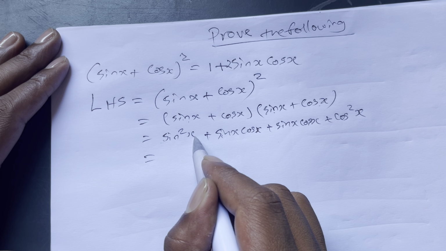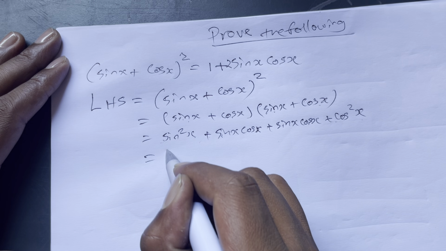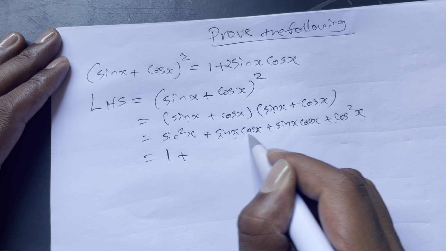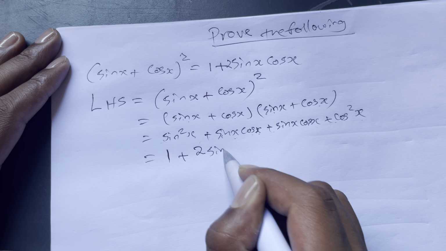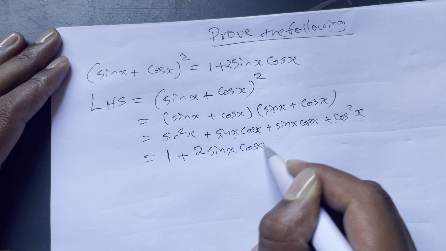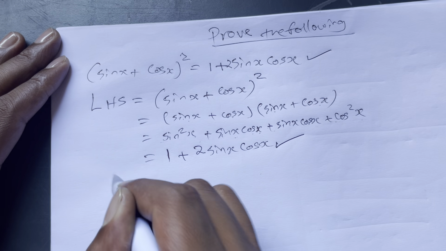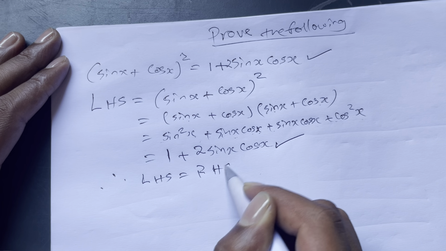Sine squared x plus cos squared x equals 1. So you write 1 plus sine x cos x plus sine x cos x is 2 sine x cos x. So therefore left hand side equals right hand side.